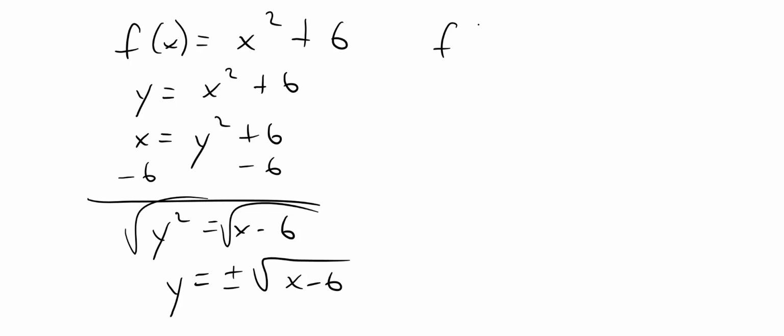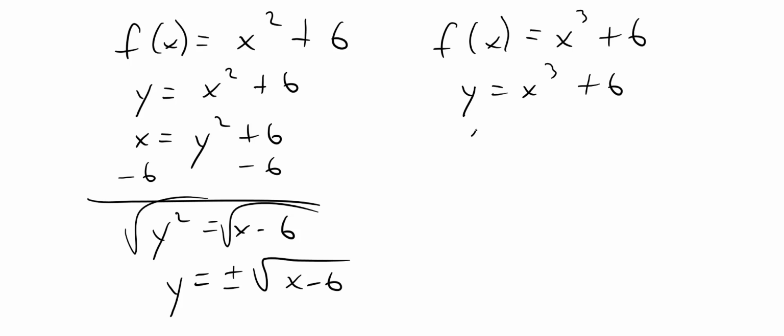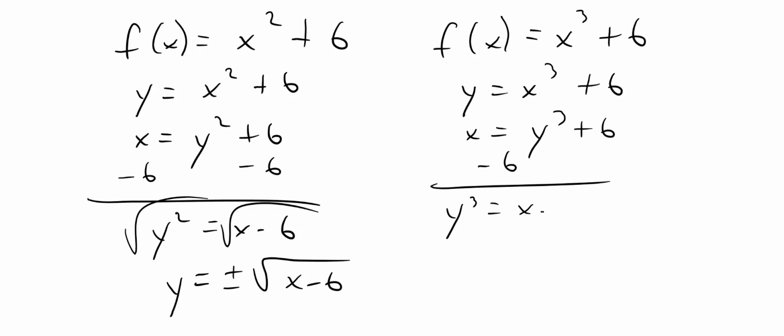Now, let me just do a problem almost identical to it, but I'm going to do x cubed plus 6. So same thing, y is equal to x cubed plus 6. I'm going to swap the x and y. So x equals y cubed plus 6. I'm going to subtract 6 from both sides. I'm solving for y. So you get y cubed equals x minus 6.